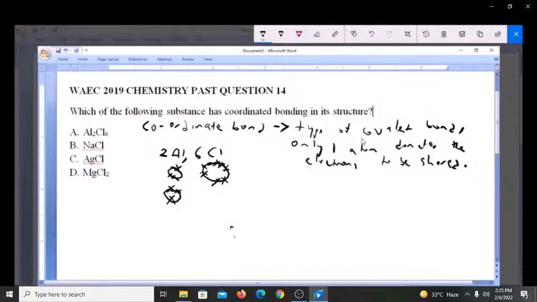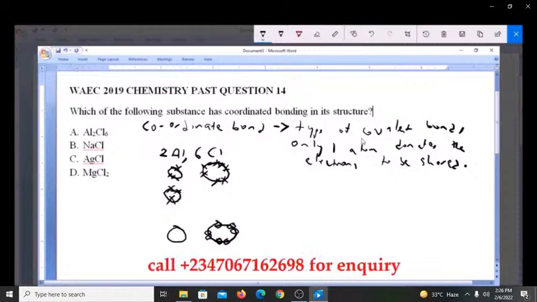Now for sodium chloride, you have 1 sodium atom and 1 chlorine atom. The chlorine atom, of course, as we have said, has 7 electrons on its outermost shell, while sodium has 1 electron on its outermost shell.